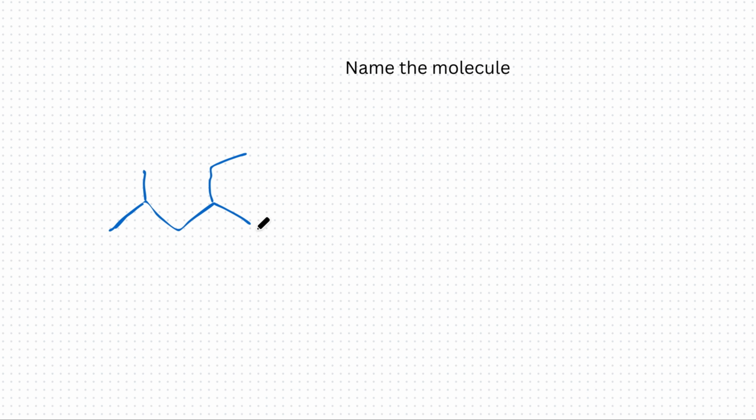So we start on the side with the highest order alphabetical, and we start from there. So this is 2-ethyl, 4-methyl, pentane.